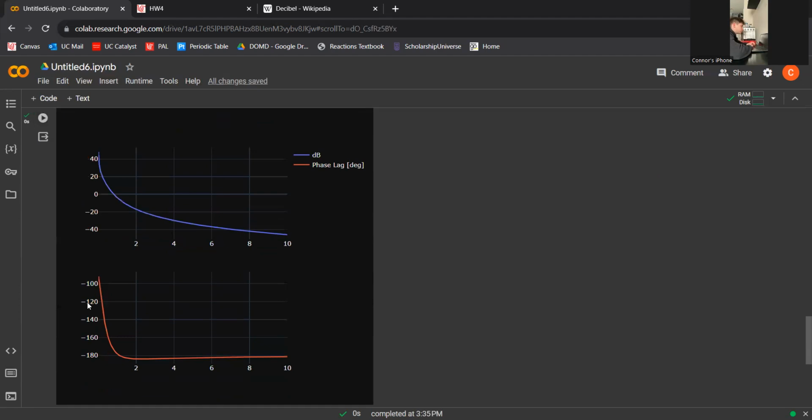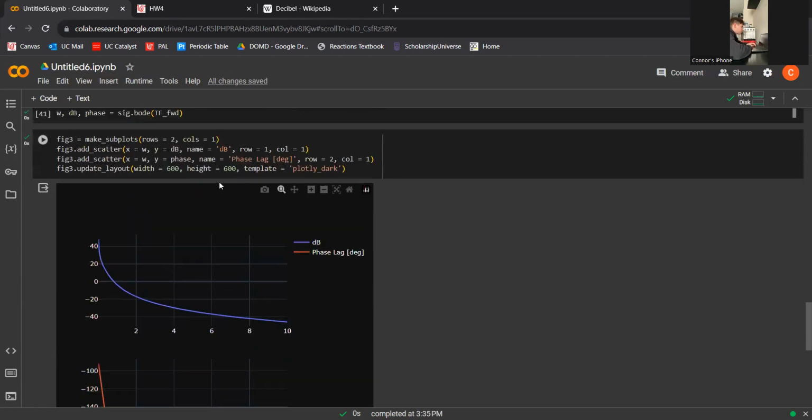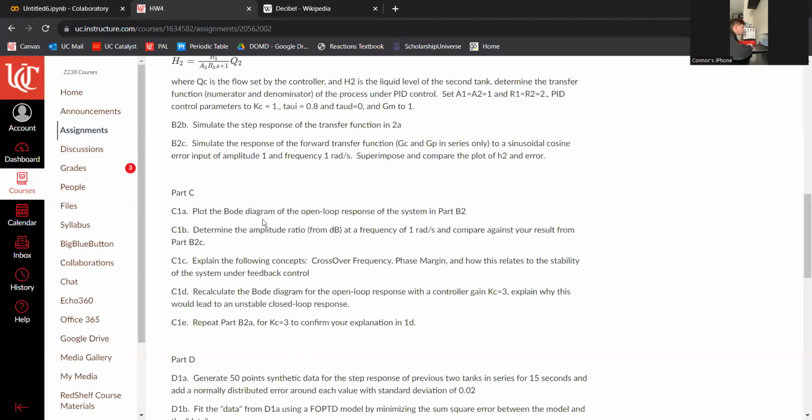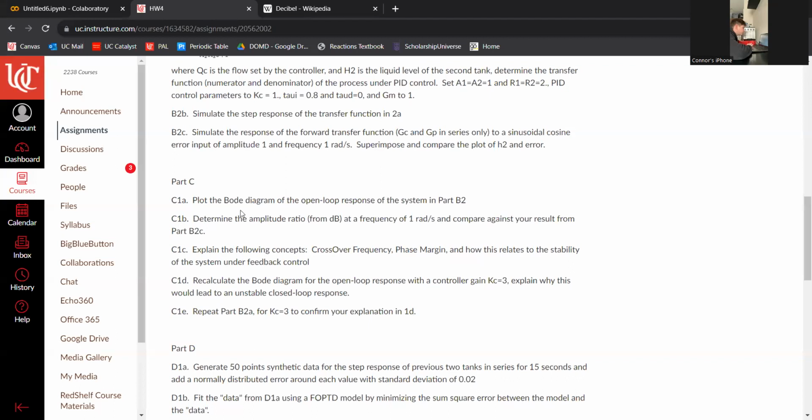I'll go into further explanation as to what both of these mean and how we can determine the stability of our control system by looking at these diagrams. So that is what we are looking for in part C1A.